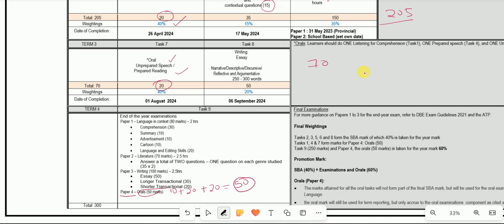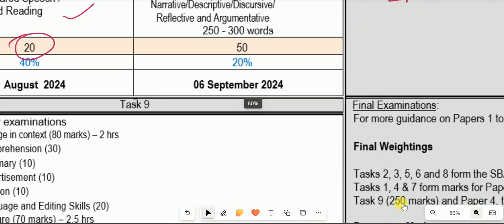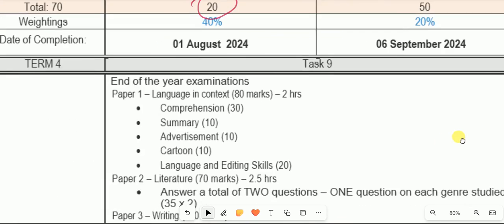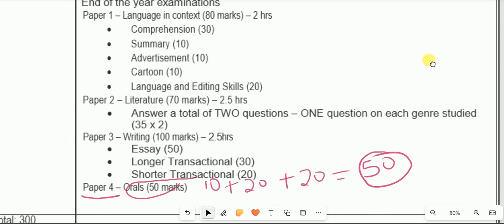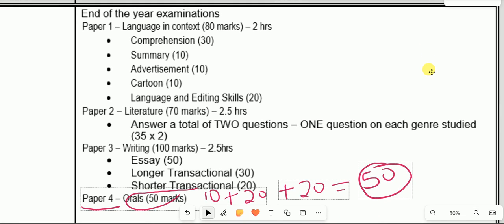And then paper 1 here is broken down. Let me just make the screen a bit bigger so that you can really see what I'm referring to. Right. Paper 1, final examination. You are going to have comprehension, summary, advert, cartoon, language structure and editing, 80 marks.